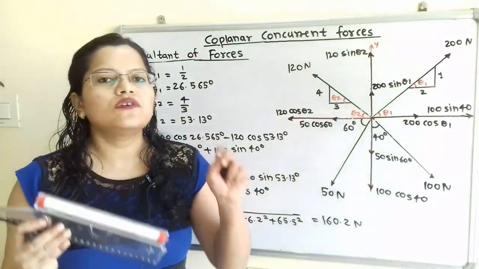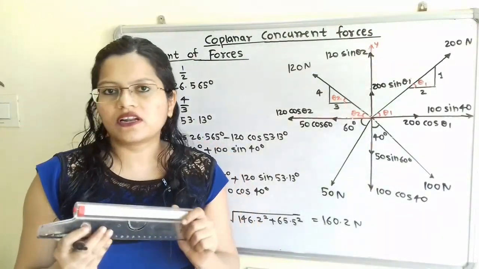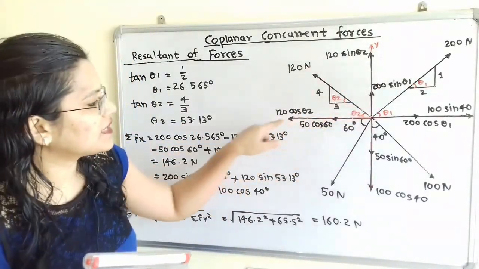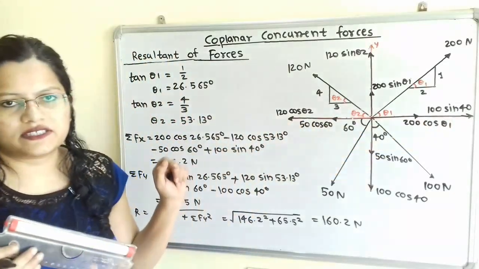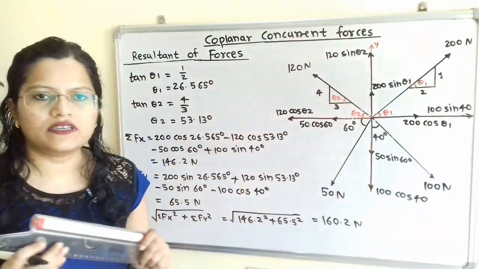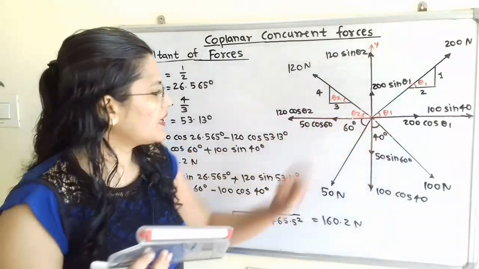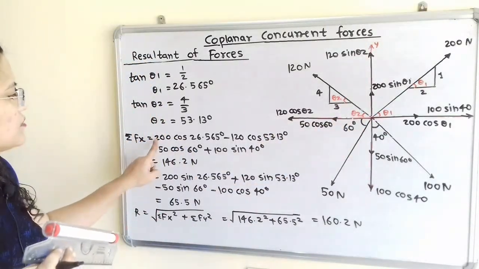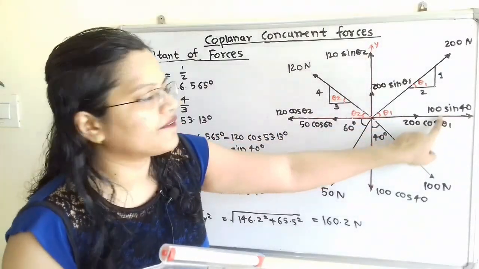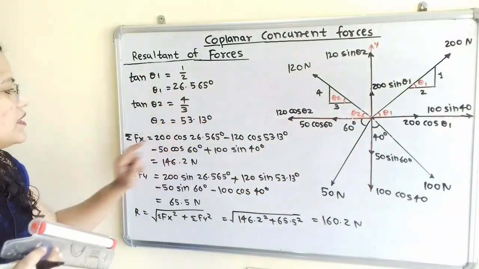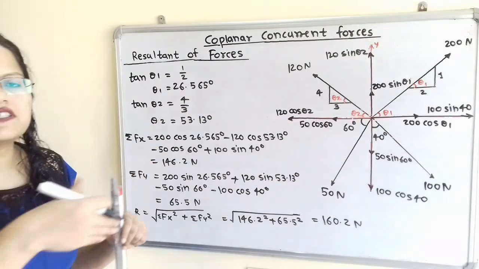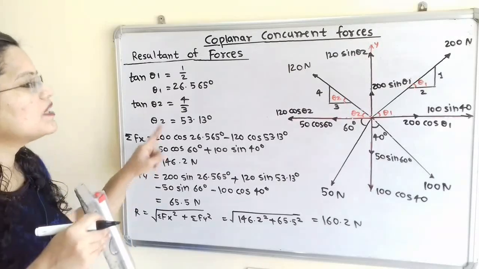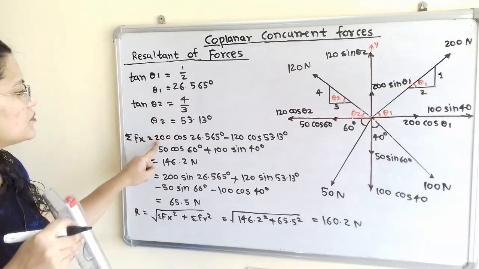Now we have to add all the horizontal components. Horizontal components of all these forces lie along the x-axis and vertical components lie along the y-axis. First, summation of Fx is 200 cos of theta1, which is 26.565. Its direction is towards the right-hand side, and for the right-hand direction we have assumed a positive sign.